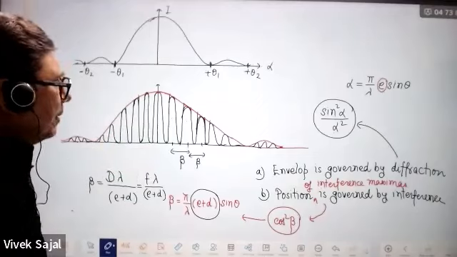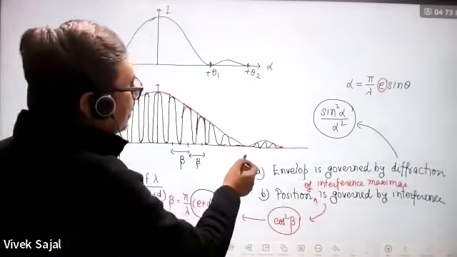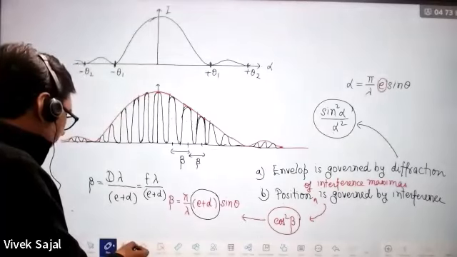Now the next question is, what will be the position of the diffraction minima?